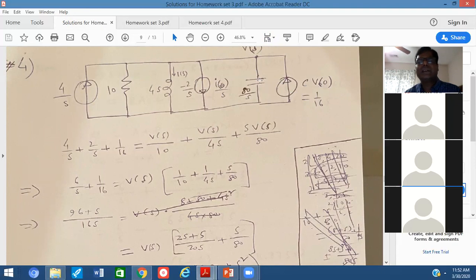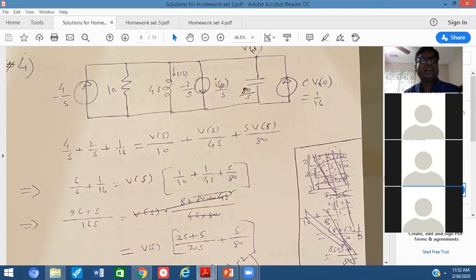Now for this circuit, I'm writing the equation using the current law: current entering equal to current leaving. You see, this current is entering the upper node. This current is entering, and in the reverse way, you can say this current is entering.